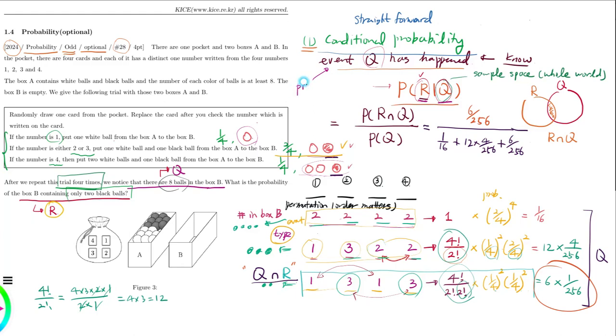One is a prior one, and the second event R is a posterior one, and then you use combinatorics very carefully, and you can compute the probability of each event, and then you just put the values in here. Okay, that's it.